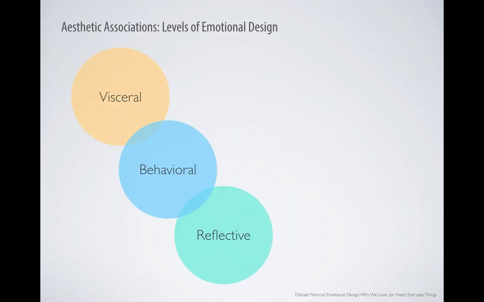So that's that behavioral level, which I'll explore in more detail in a second. And then the visceral level is our instincts. It's something that we react to, especially sex appeal, which is pretty widespread in media, in advertising especially, but even in TV and movies.